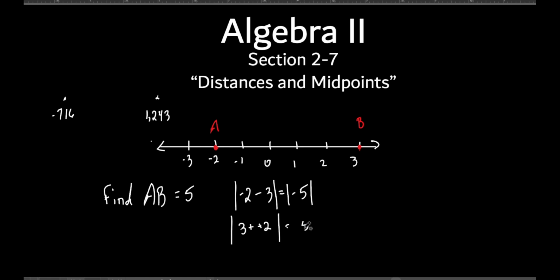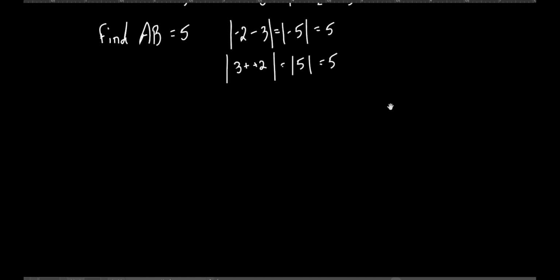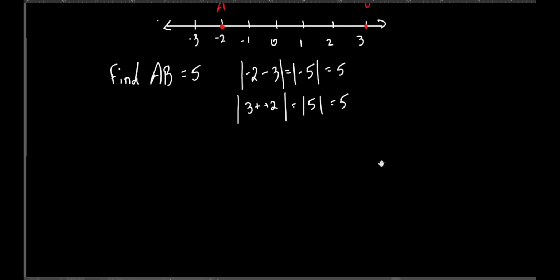So this is 5. It's already positive. You don't even have to worry about the absolute value. It equals 5 either way you do it, okay? So if I just didn't even give you a number line, and I just gave you 2 numbers that said find the distance between them, that's what you would do, all right? Let's do this. Now, that was pretty easy because we're just going across.